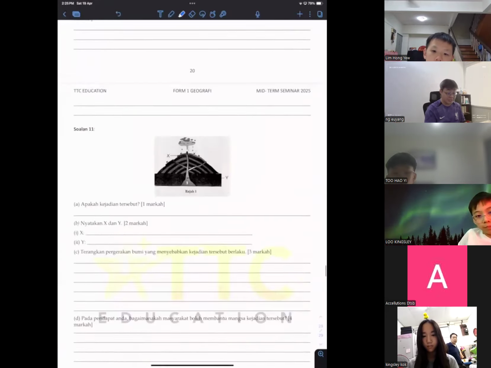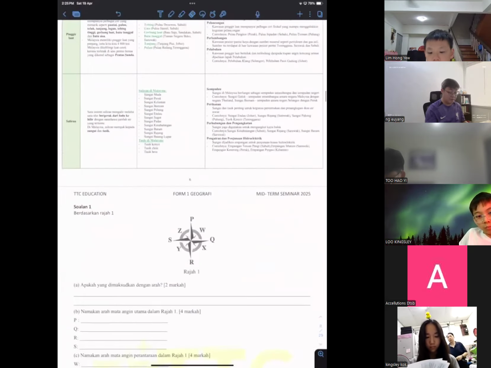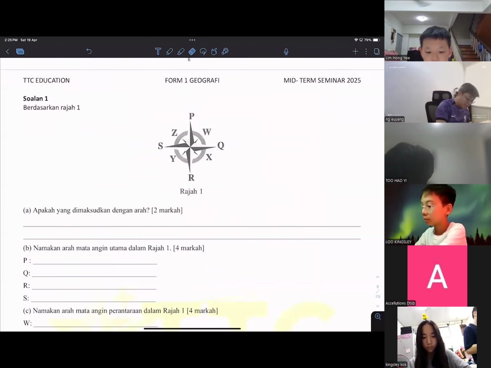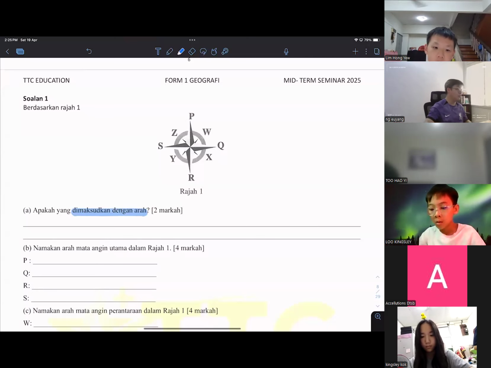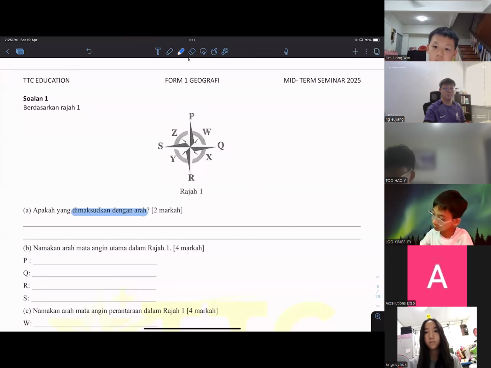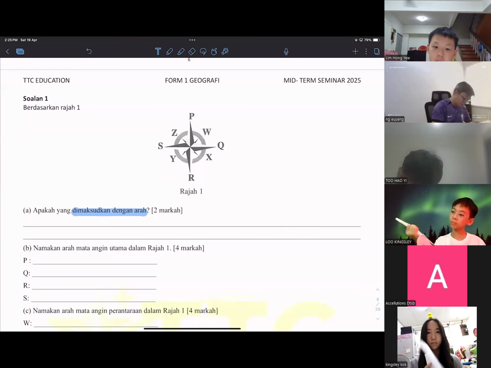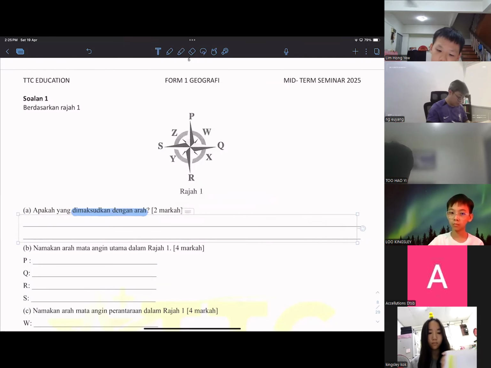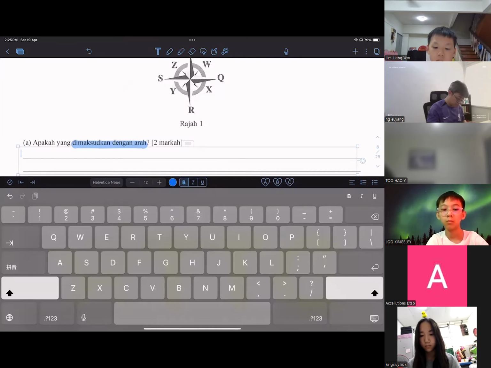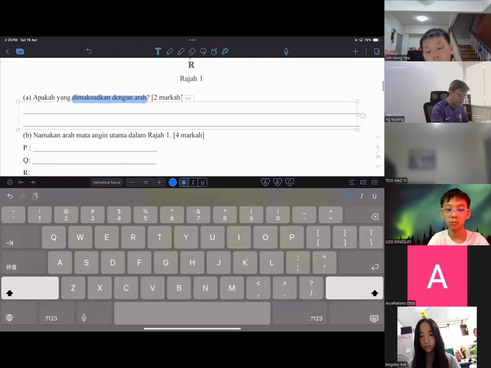So guys, we are going to page 7. Start doing your part 1. These are exercise questions quite similar to your exam questions. So guys, what is the meaning of arah? Direction. Hala tuju, the keyword. Or you can try to copy from the question above.